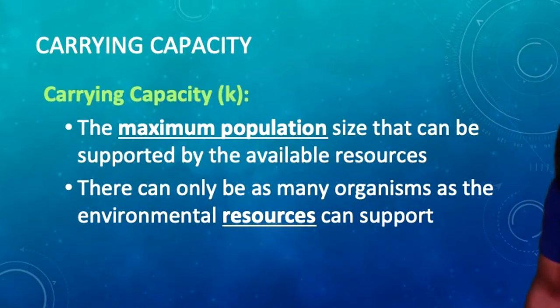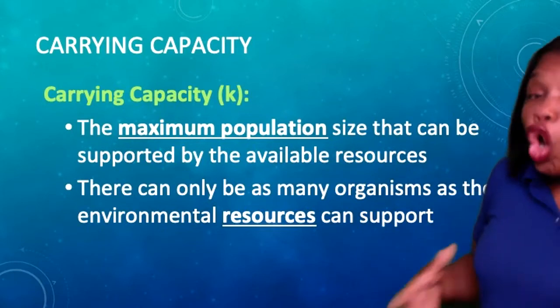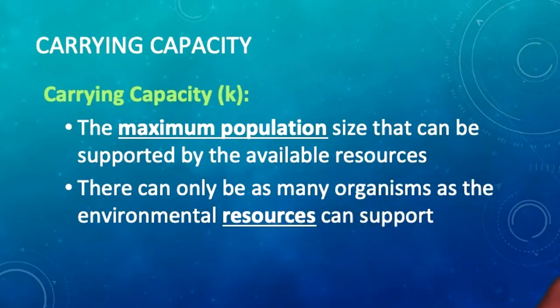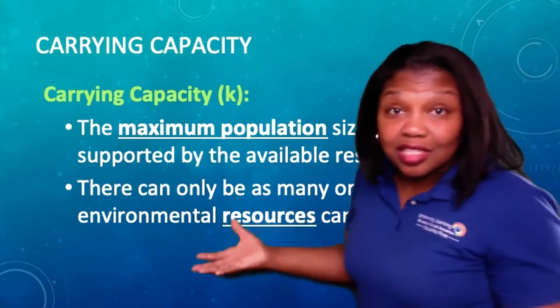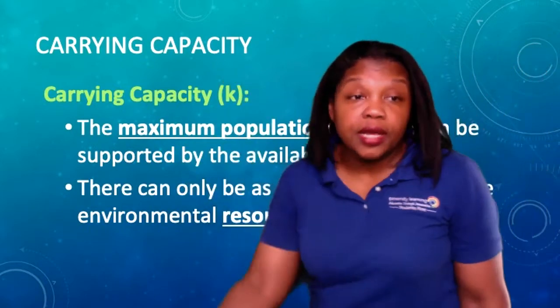There can only be so many organisms in a given area because an environment can only hold so many individuals, period. That's just it. There isn't food forever. Someone's going to have to die because they can't support everybody. That's what they call carrying capacity.